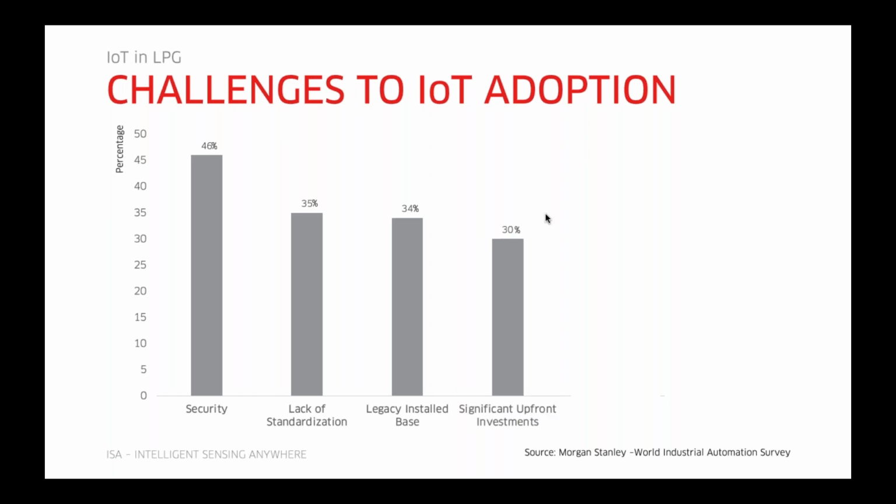On the 4th, it is the significant upfront investments. So 30% of these 100 executives believe that significant upfront investment is the issue for IoT adoption. When you look into IoT projects, typically you don't start with a huge amount of devices, and we'll see a case that I'll show you.